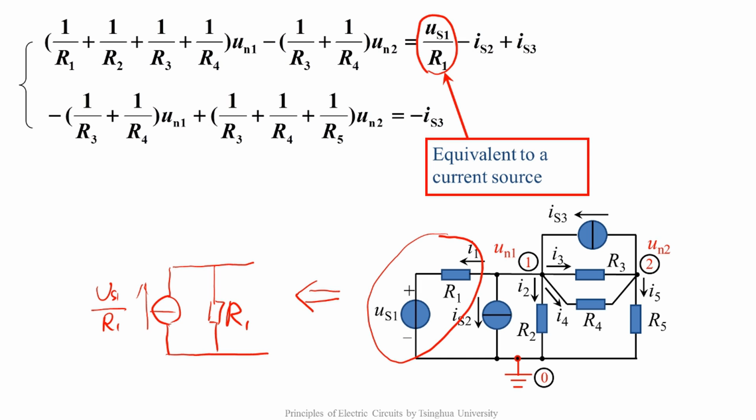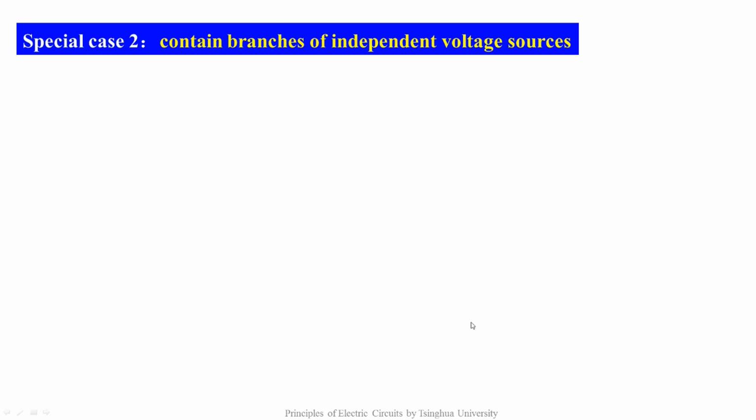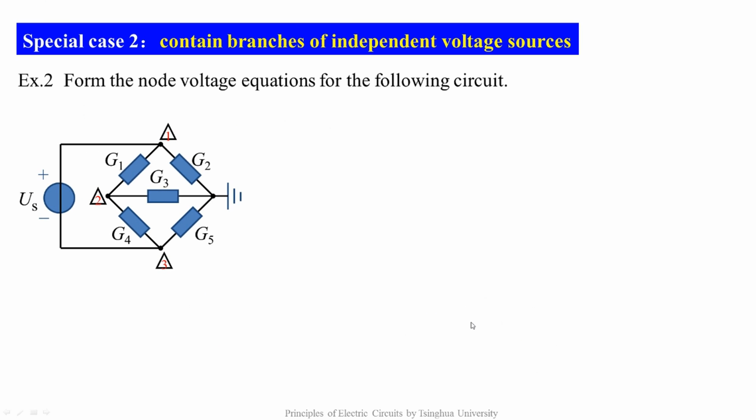That's all for it. Now look at the second case, that is, branches consisting of the independent voltage source. Take this circuit as an example. We all know that the node voltage analysis is essentially a set of KCL equations. That is to say, we need to express the currents through each branch in terms of the node voltages.